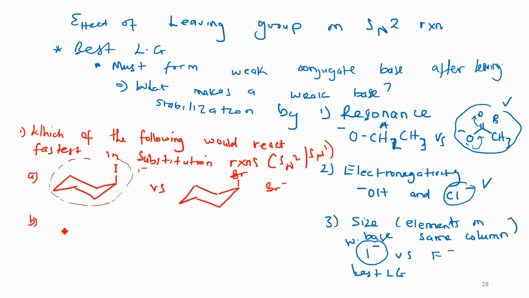Okay, the next one is OH versus NH2. Who would react fastest, if possible? I know this one is unrealistic, but just use the idea to tell me the answer.